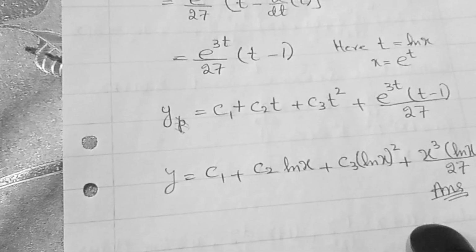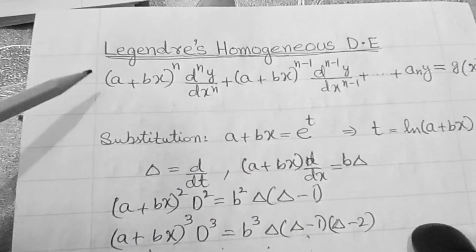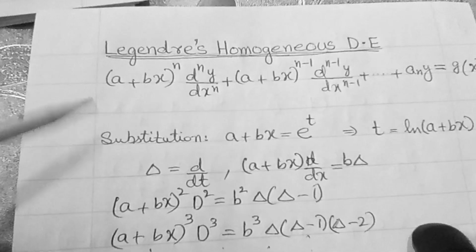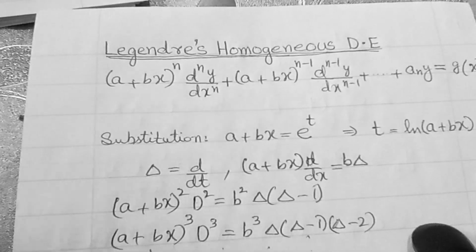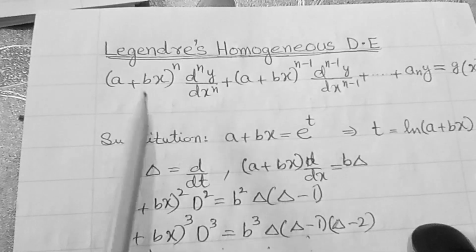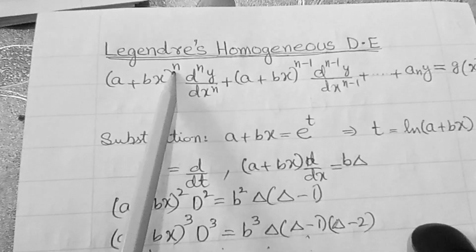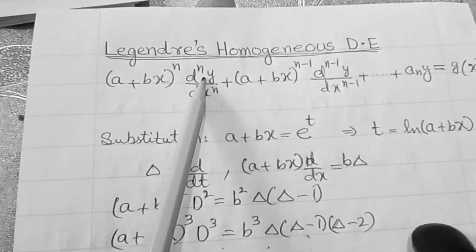Now we will see another method. This method is known as Legendre's homogeneous differential equation. How to recognize such a kind of differential equation? Look at this. Here we also have a polynomial with a similar degree, with a similar differential order.